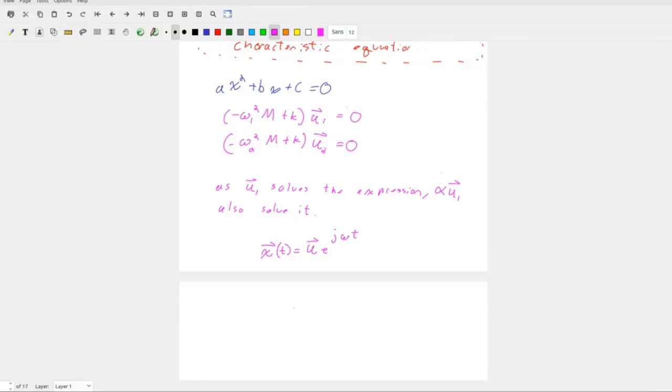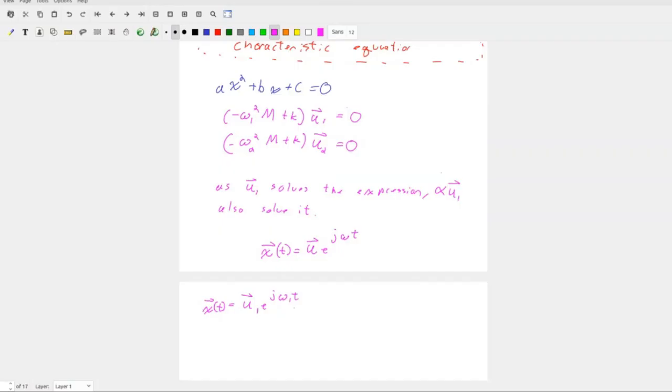That forms a set of solutions that are x of t is equal to u vector 1 e to the j omega 1t, because my first mode shape is related to the frequency of the first mode.